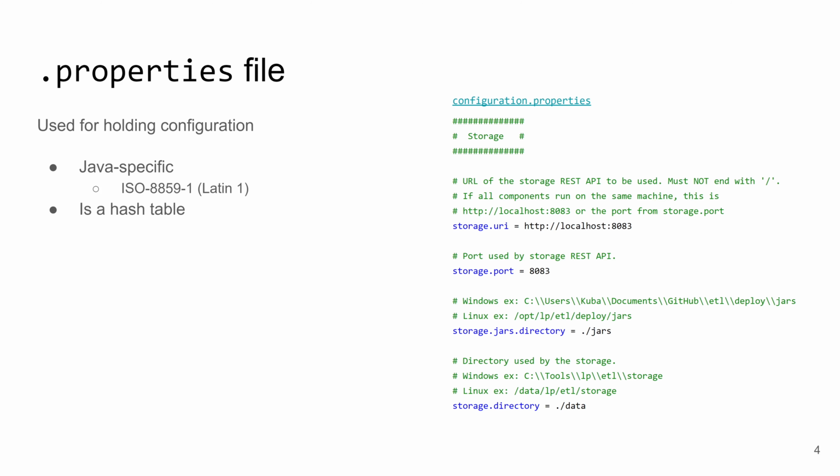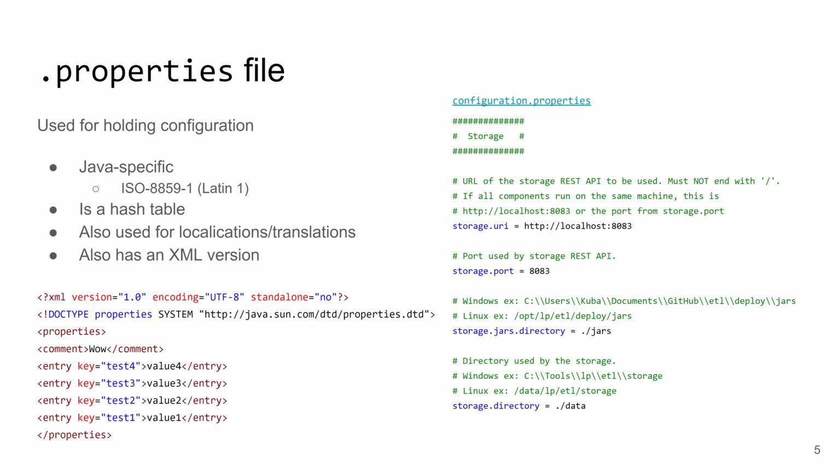It corresponds to a hash table, and the key value pairs are often called a hash table because in a hash table what you can do is you use a key and you get a value, and that's it. So that's why sometimes key value pair based files are called also hash tables.